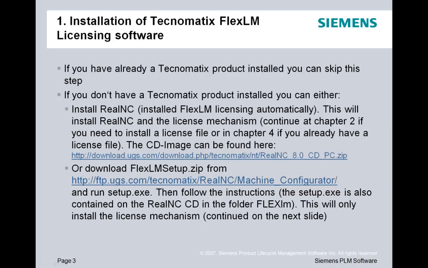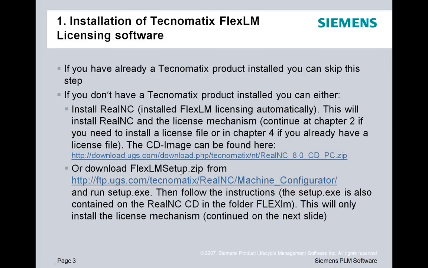Another option is to install Machine Configurator as a standalone application. In this case, you will have to install the Technomatics FlexLM licensing. The UGS licensing used for NX is not sufficient. You need to install the Technomatics FlexLM licensing capabilities in addition to the NX, of course.